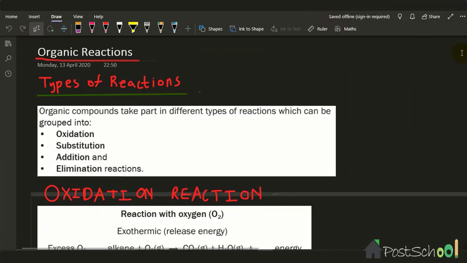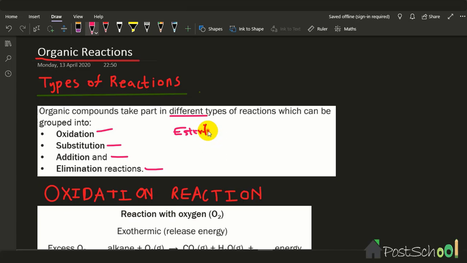sisebenzisa ama-organic reactions. Right, there are several types of organic reactions. So organic compounds take part in different types, which can be grouped in oxidation, substitution, addition, elimination, and then futhi nama esters.